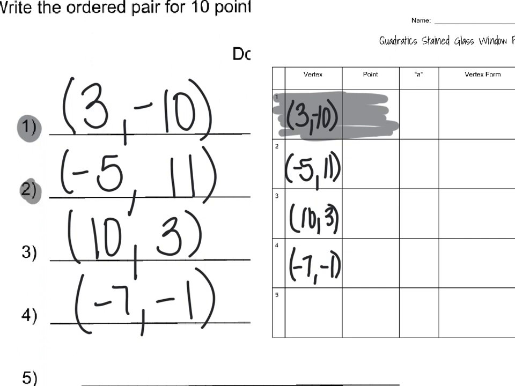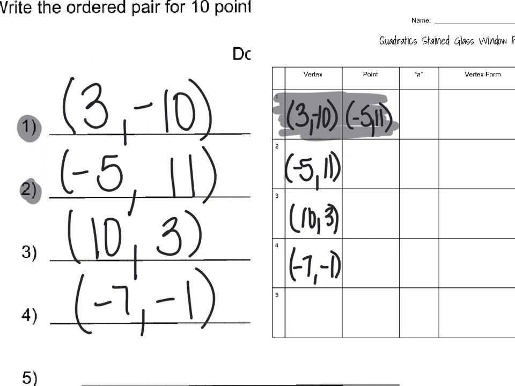So my point is -5, 11. And that's what it says in your instructions: you use point number 1 as your vertex, and point number 2 is the other point on the graph.